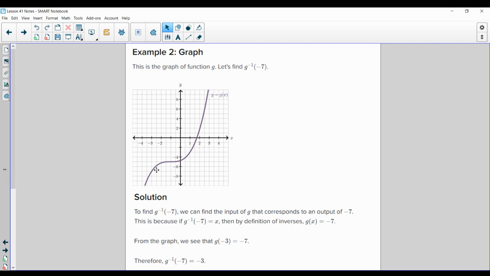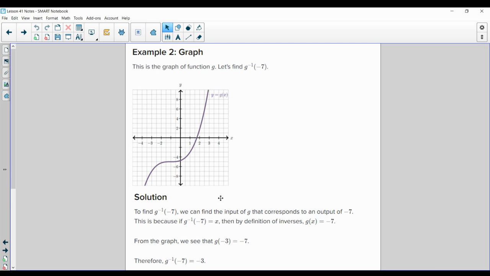Okay, so if I have this as a function, and I want to find g inverse of -7, so I want to find the input of g that corresponds to the output of -7, or in other words, I want to find the x coordinate that goes along with the y coordinate of -7. Well, if I want a y coordinate of -7, here's -7 right here. And if I go straight across to that, that would be -3.